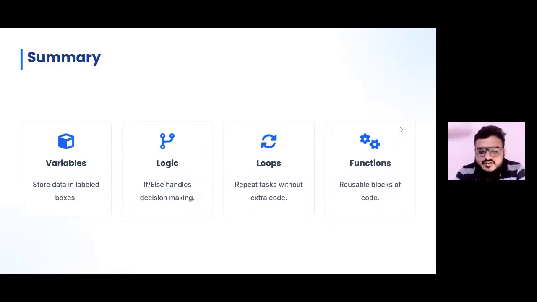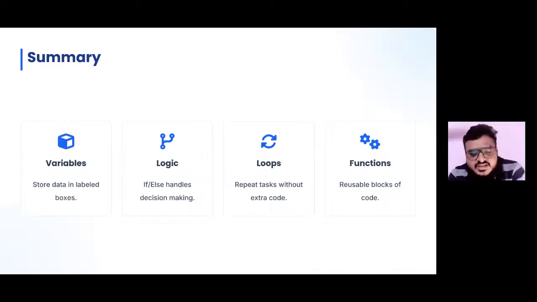So what we have learned today? We have learned variables. What are variables? Variables are the boxes where we keep our data. Variables are labeled boxes. We write what is inside it, and we keep our data inside those boxes. Logic: we have seen how if statement works, how if else works, how it makes decisions using and, or, not.